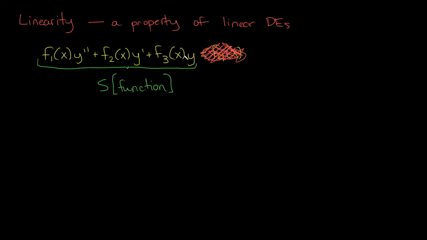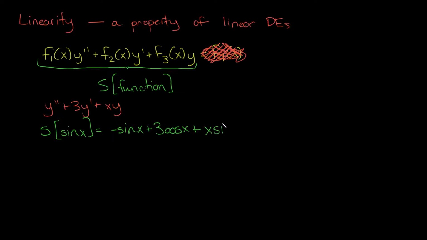So, just as a brief example, if we had the second-order differential equation that was y double prime plus 3y prime plus xy, then this would be the S function, and if we plugged in, say, S of sine of x, what we would get would be the second derivative of the sine of x, which is the negative sine of x, plus 3 times the first derivative of the sine of x, which is the cosine of x, plus x times sine of x itself.